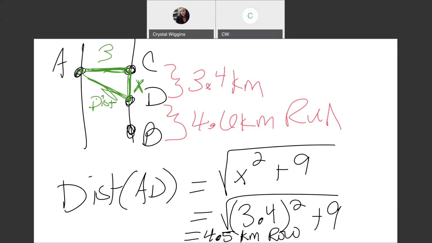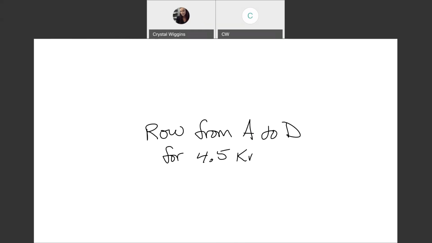Okay, so now we have the rowing distance and we have the running distance, and we can say in conclusion that he should row from A to D for 4.5 kilometers.